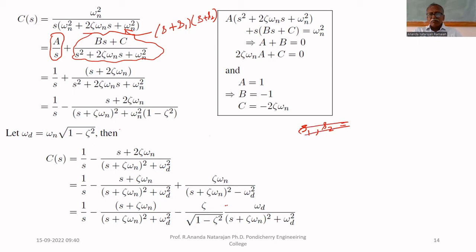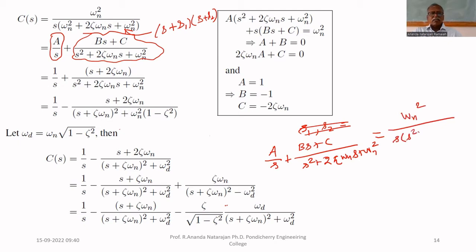We have to find B and C. For that, A upon S plus Bs plus C upon S square plus 2 zeta omega n S plus omega n square equal to omega n square upon S multiplied by S square plus 2 zeta omega n S plus omega n square.